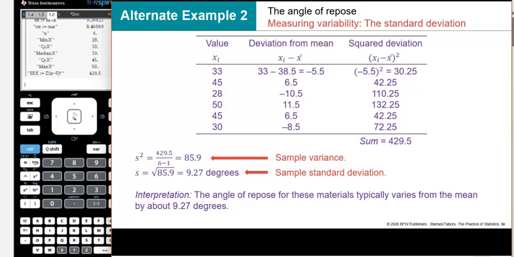So that typical variation from the mean, or typical difference from the mean, is how I want you to say this. When they say interpret, they say use the definition of standard deviation. What is standard deviation? It's the typical difference or deviation from the mean, typical variation from the mean. So typically, these values vary from the mean by about 9.27 degrees.